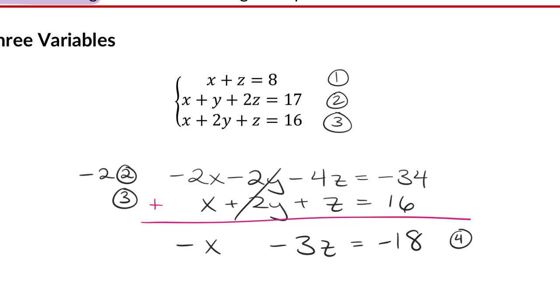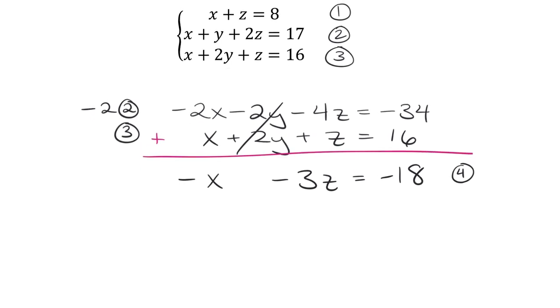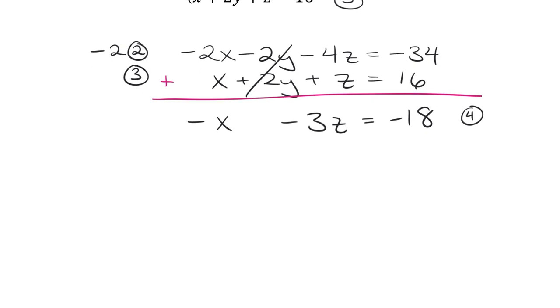I don't have to make an equation 5 like I did in the first example because I already have two equations in the same variables. Equation 1 and equation 4 are already with just the same variables. You can already do it because the x's and the x's cancel. So this one's nice.